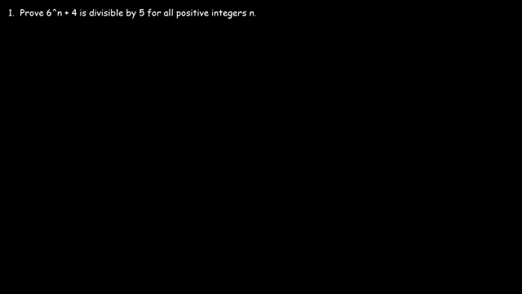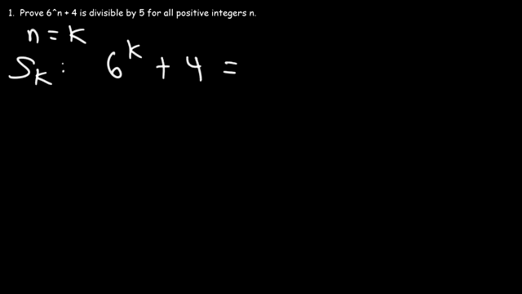Now, our next step is to replace n with k. So we're going to assume that this is true. So instead of it being 6 to the n, it's going to be 6 raised to the k plus 4. And we're going to set this equal to 5 times some integer, which you could use any letter, but we'll use m.